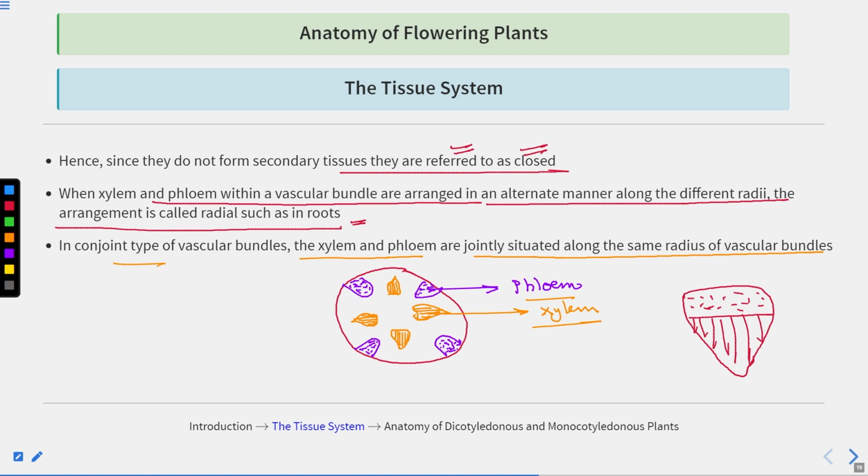They are present at the same radius, so this is called the conjoint type of vascular bundle, and this is the radial type of vascular bundle.